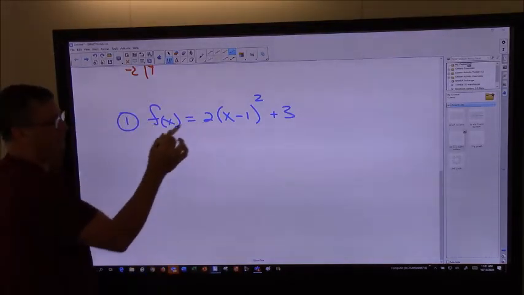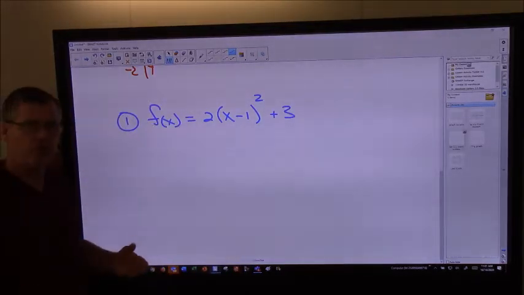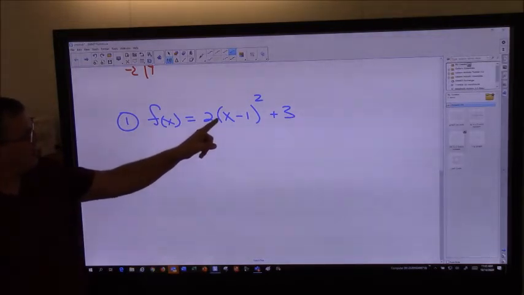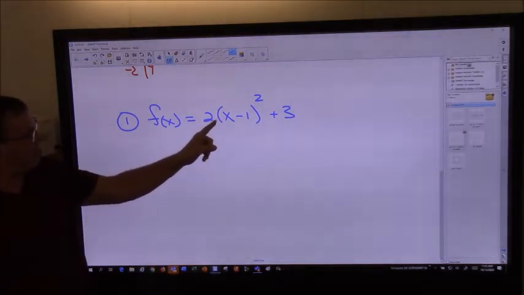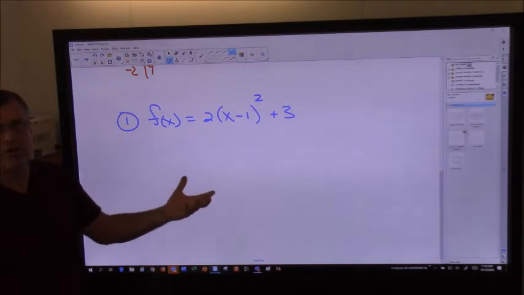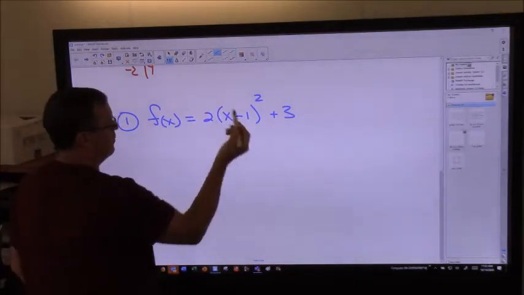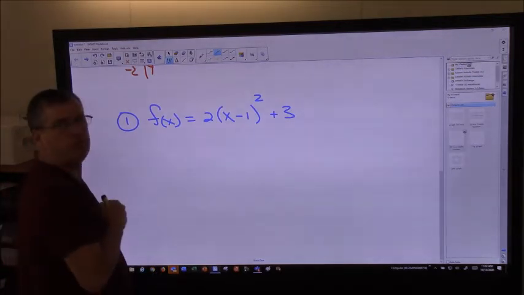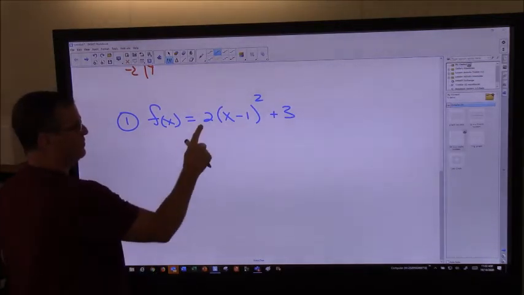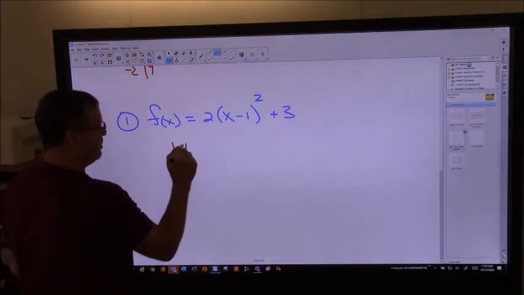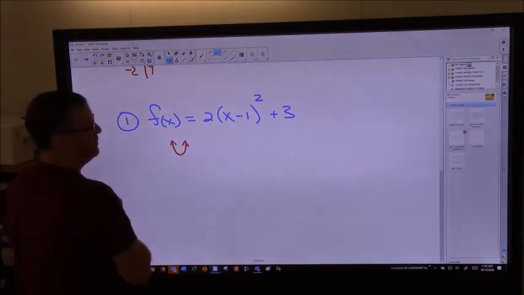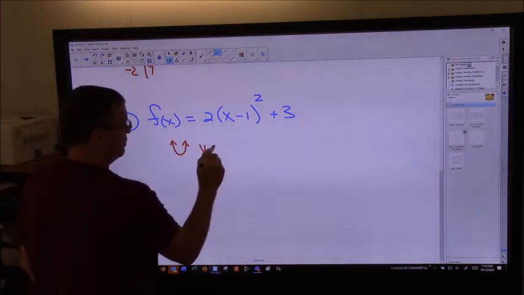Now, I decided not to put a b value in there for the first one because it makes it a little more complicated. But the number in front of x right now is understood to be a 1. Okay? So, what I need to do is first think to myself, does this parabola open up or down? A is positive, so it opens up. I need to know where the vertex is.